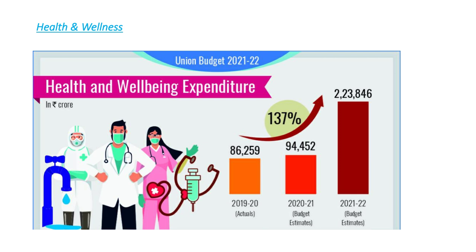And as of now, the government is spending around 1% of total GDP on the health and well-being side, and the government is proposing to spend about 2.5 to 3% of total GDP on the health sector. Because as you know, we have seen how much the pandemic hit us over one year.